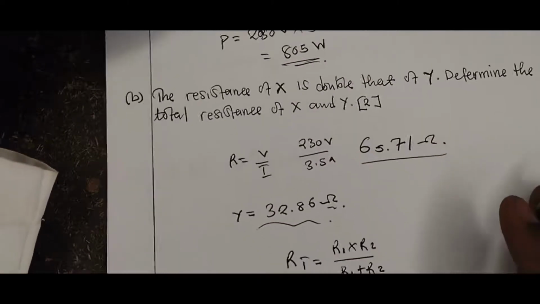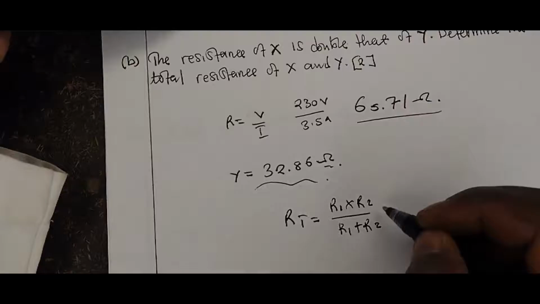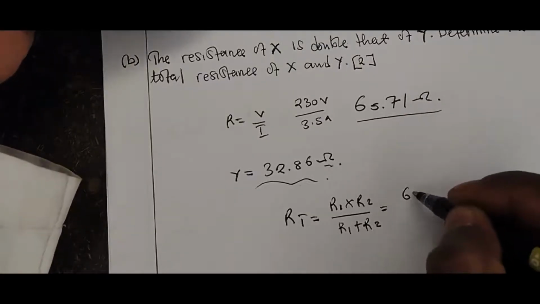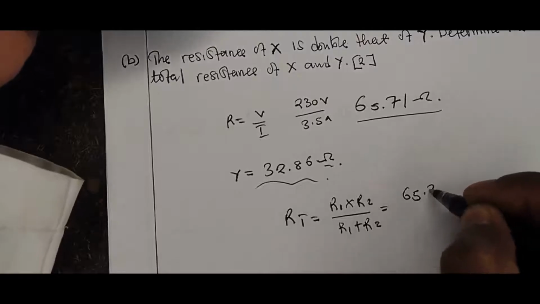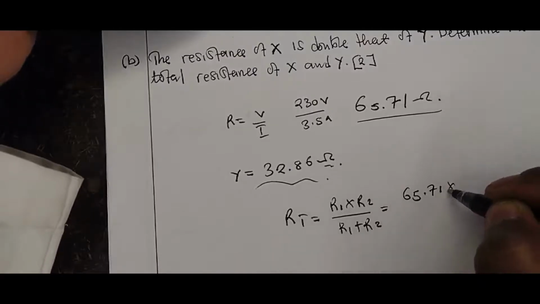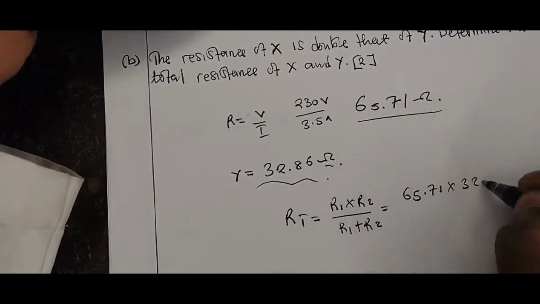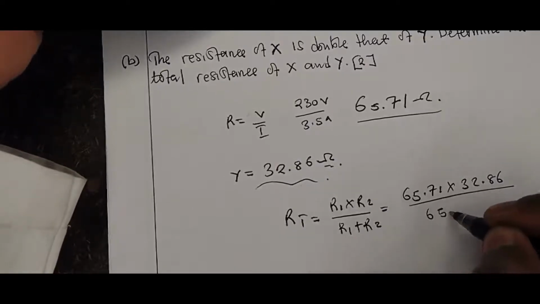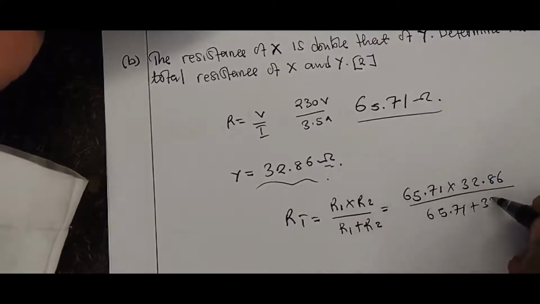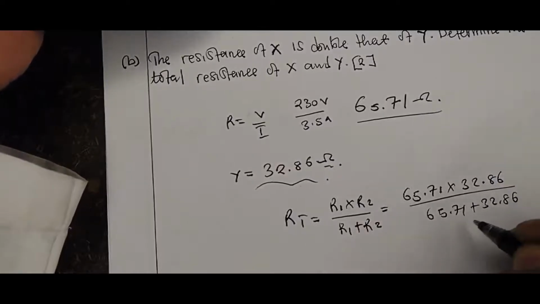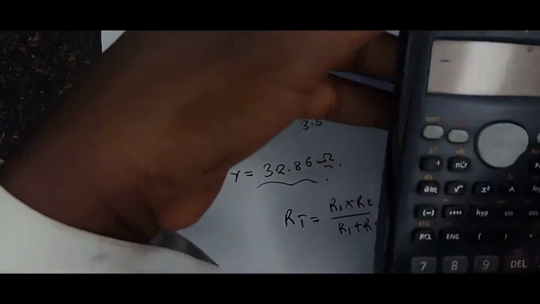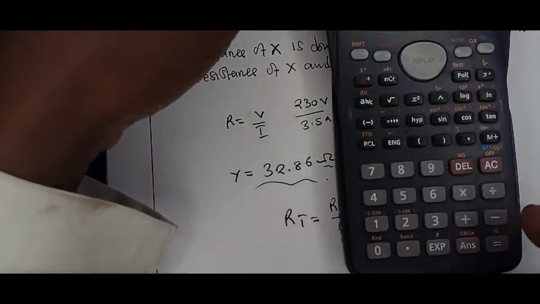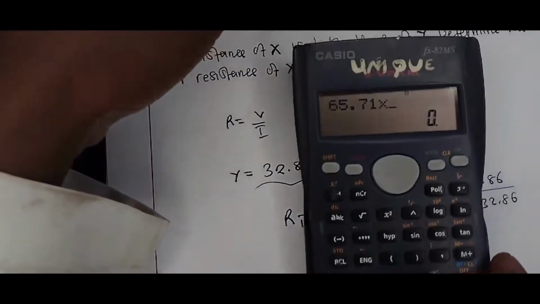So the resistance for X is 65.71 multiplied by 32.86 divide 65.71 plus 32.86. Okay? So in this case, what do you find? 65.71 multiply.